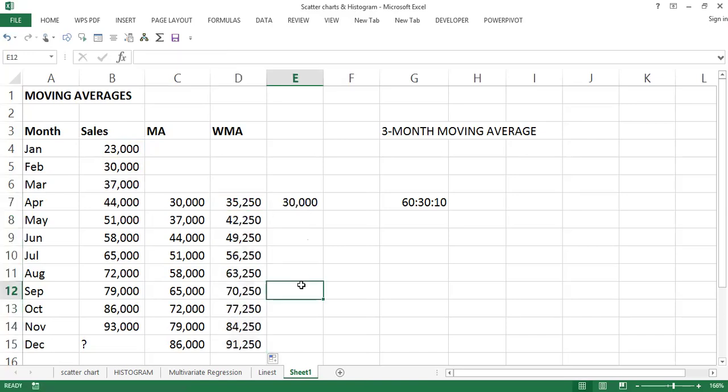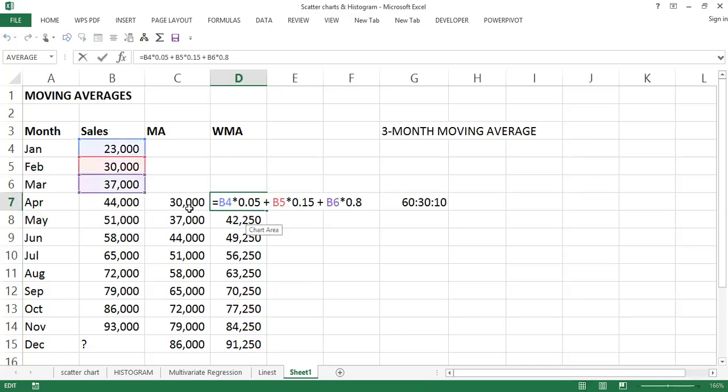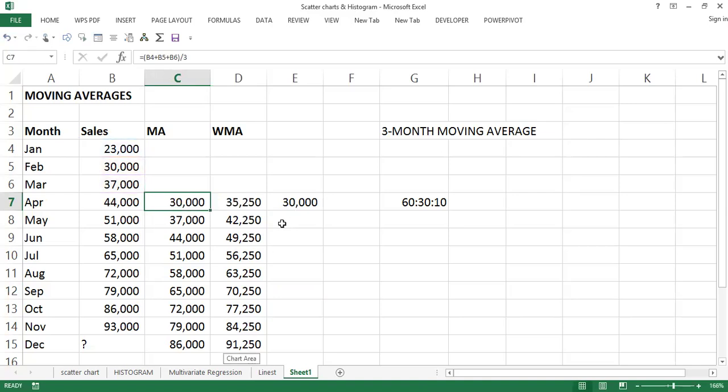No, it's even closer still. So this is how you do weighted moving average. This is how you do moving average. Hope you can see the difference.